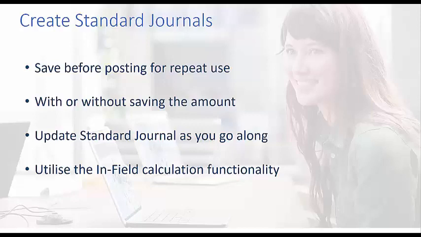So it might be a case that it's about postings that might happen on average maybe 3 or 4 times a year, but to save you having to recreate those journal lines, you can actually save them as the standard journal. You can also choose whether you're going to save those lines with the value or without, and that is indeed up to you. But also, as you're going through the year, if you need to add additional lines to that standard journal, then you can do that sort of on the fly.